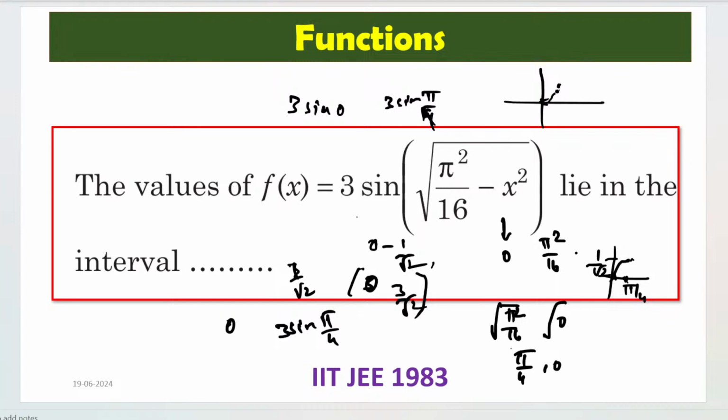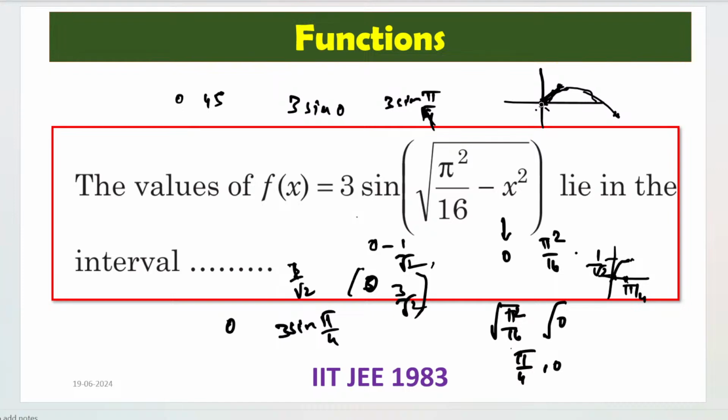Let's say if it is coming from 0 to 3 pi by 4, then you cannot take the starting point and ending point and say that is the range, right? You understood the difference? It is between 0 and 45 degrees. That's why we are taking starting point and ending point, because we know between 0 and 45 sine is only increasing.